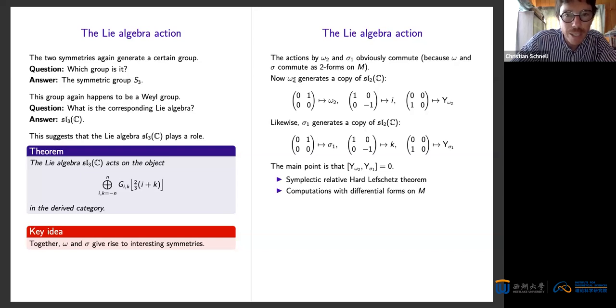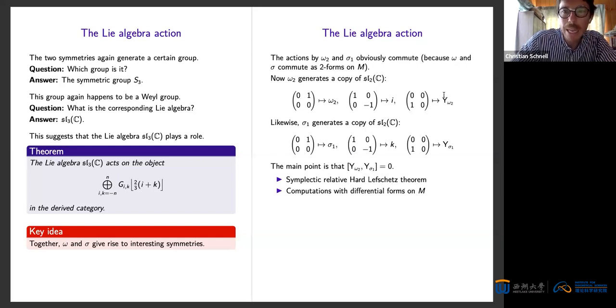For example, the relative Hard Lefschetz for the Kähler form gives a copy of SL2 where the grading is by the index I in the GI case, and the nilpotent matrix acts by omega 2. Then there's a third element traditionally called Y sub whatever, in this case Y sub omega 2. That's the third element in this SL2 representation.